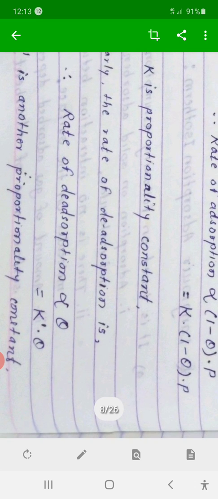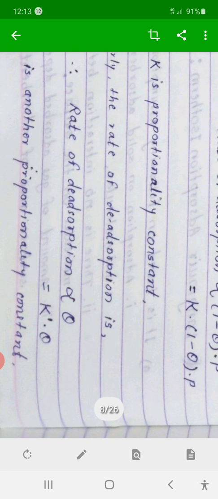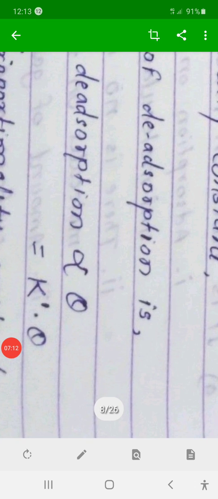Similarly, the rate of desorption, that is evaporation, is proportional to Q, the surface area which is covered by adsorbed gas molecules.